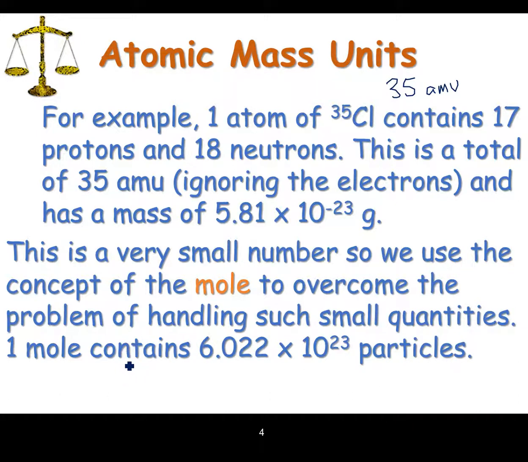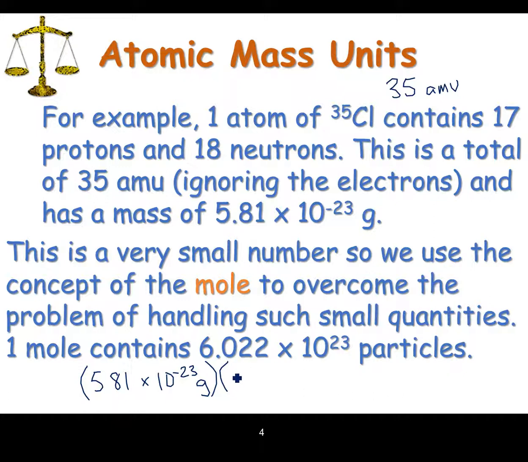What I'm saying is, for this specific chlorine 35, it has an actual mass of 5.81 times 10 to the negative 23rd grams. We take this actual mass in grams, right? This is equivalent to my 35 AMUs. This actual mass can then be multiplied by the number of particles per mole.